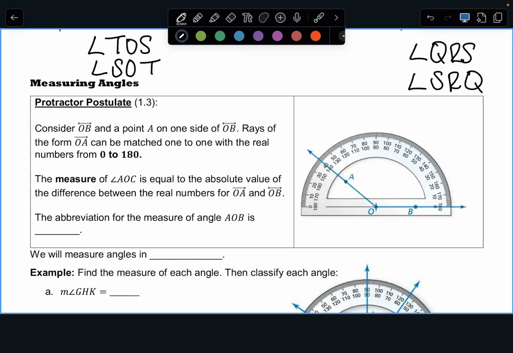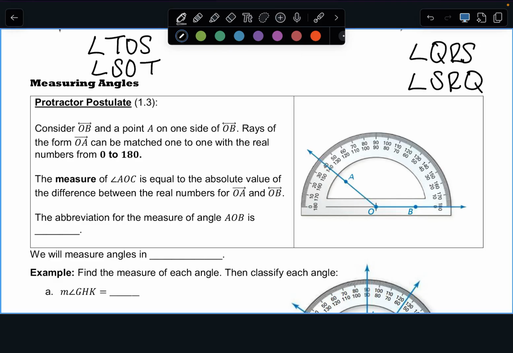Then we look at where our angle ends. What 2 numbers does it end at? 40 and 140. You pick the number. This is going to sound confusing until we do the next example, but here's what I want you to do. Pick a number over here, bottom or top, doesn't matter. Let's go with the bottom one. Then we pick the bottom number over here, 140, and we subtract them.